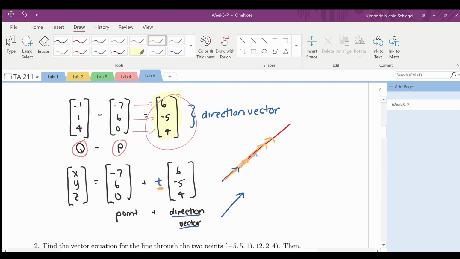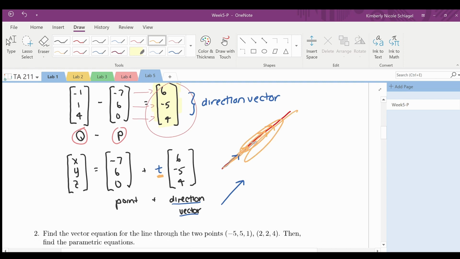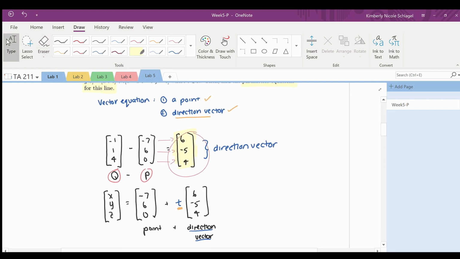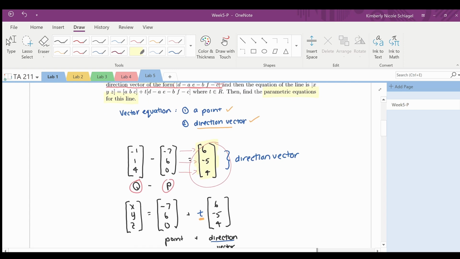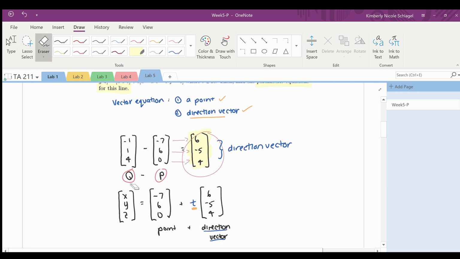So just to recap, when we're doing our vector equation of a line, we need two things. One, we need a point, and two, we need a direction vector. The way that we find a direction vector is, if we have 2 points like we have in this example, we simply subtract the points from each other, and that gives us a direction.